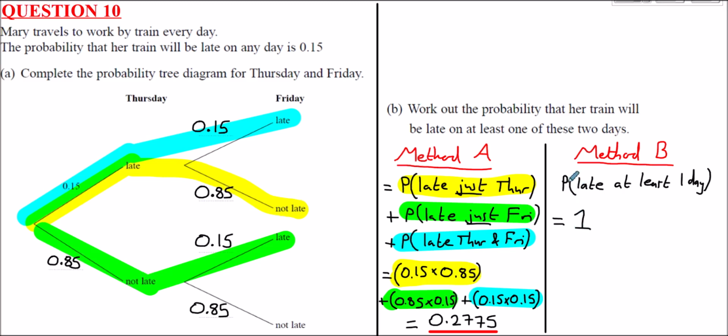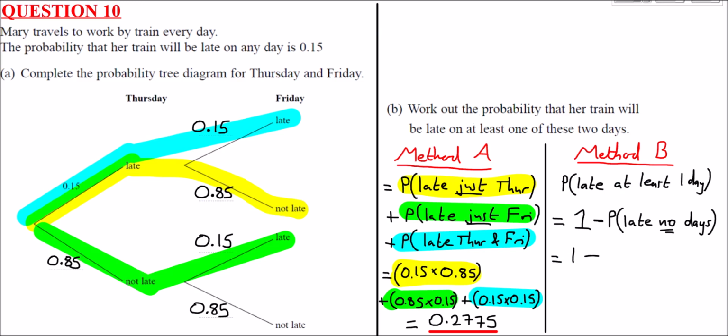This is the same as saying that that's every possibility minus the probability that it's late no days. Late at least one day. The only way it can't be late at least one day is if it's not late Thursday and not late Friday.